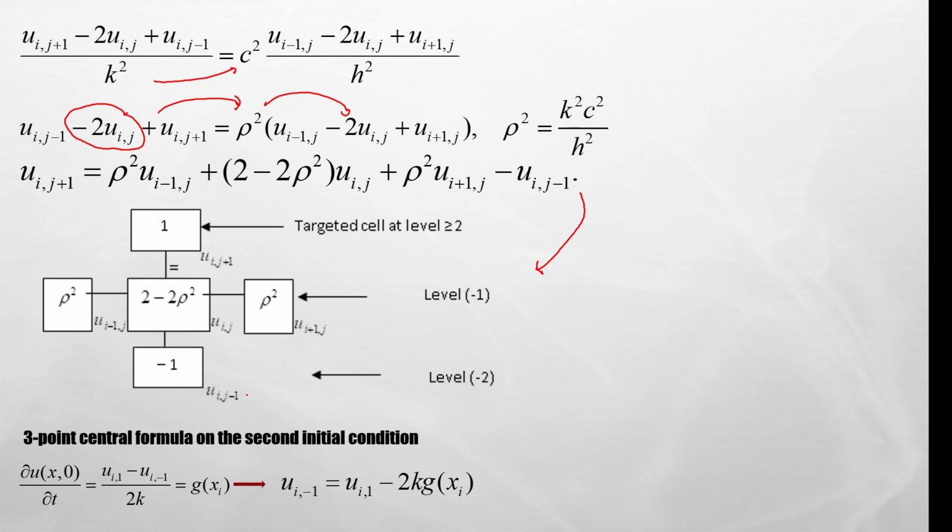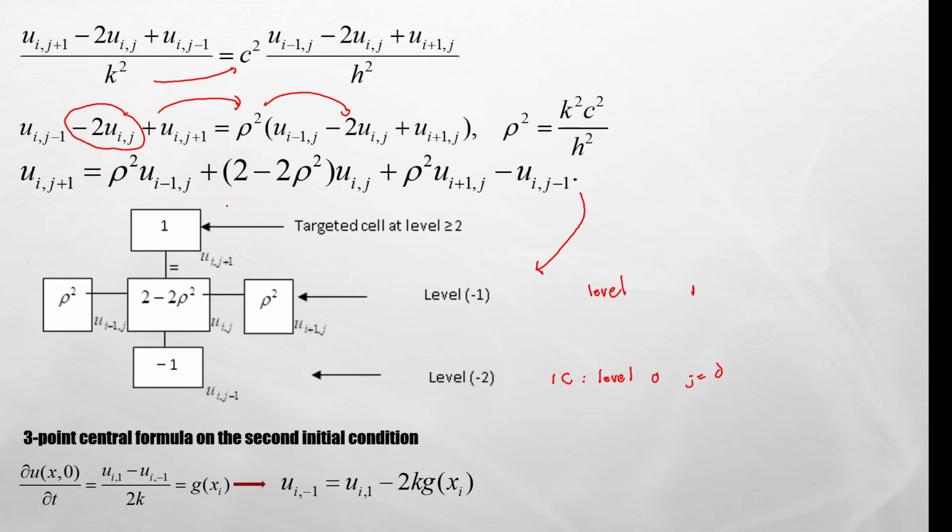And then why here we said targeted cell at level greater than or equal to 2. We have the initial condition, which we denote as level 0 because this is j equal to 0. And then we have level 1.